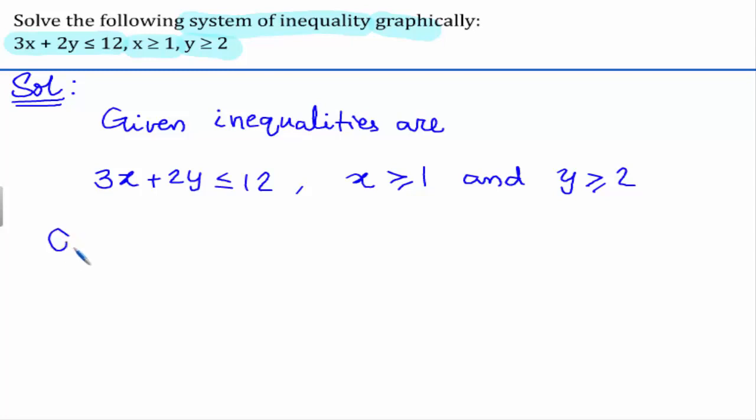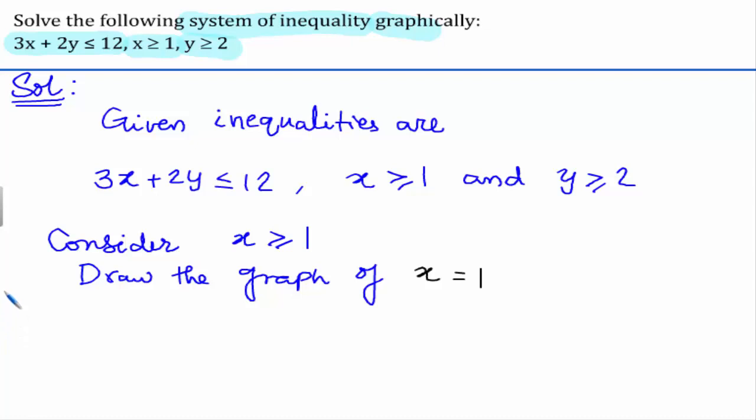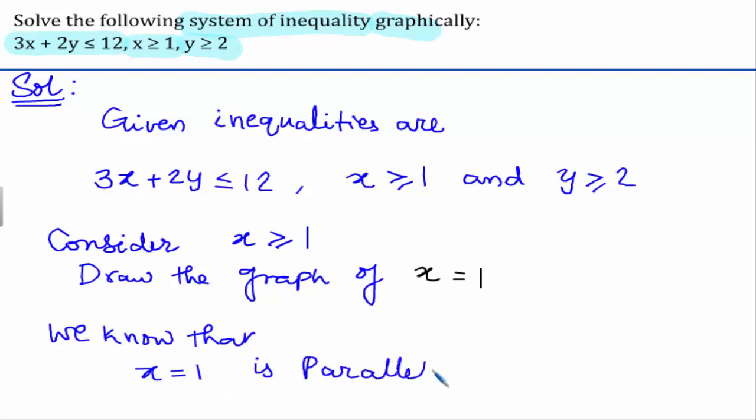Now let us consider the simpler inequality, which is x greater than or equal to 1. Now we have to draw the graph of x is equal to 1, and we know that x is equal to 1 is always parallel to y-axis.